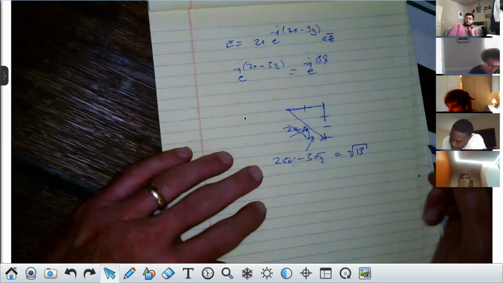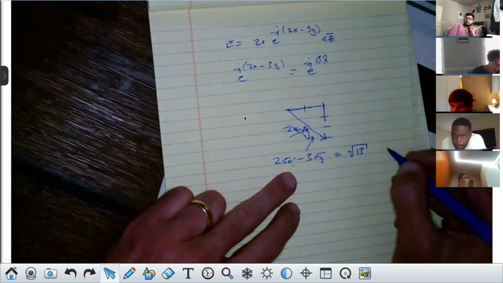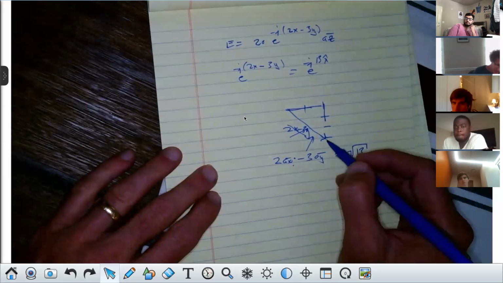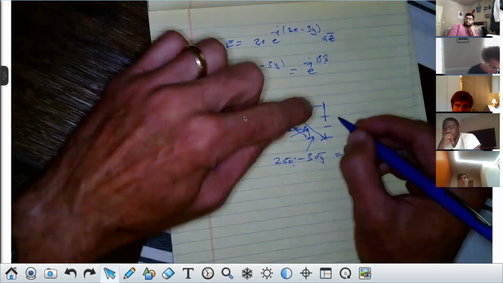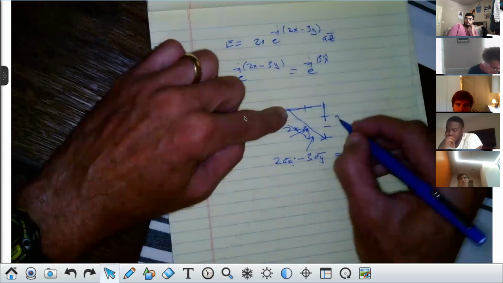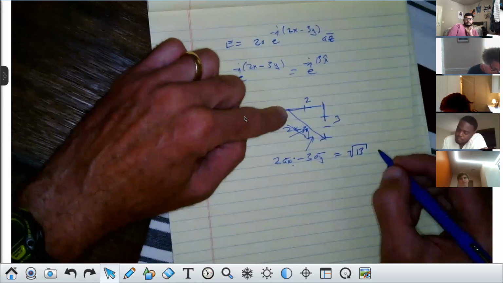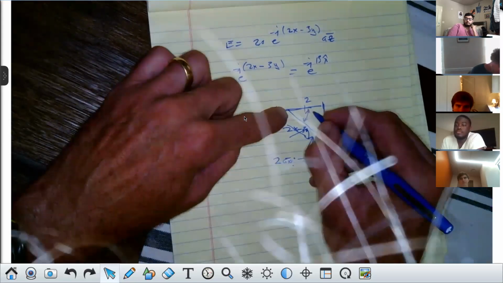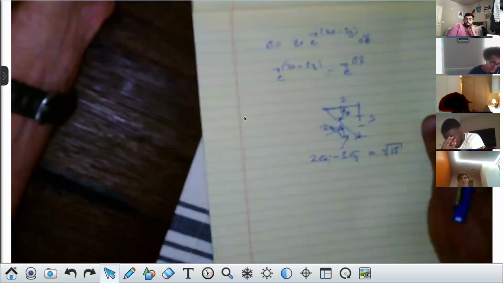And then in terms of the portion of that that's in the x direction, if you think about 2x minus 3y, let's see, if this is 3, this is 2, and this is the angle theta. Let me try to draw this down here a little bit, because I think I'm going to run out of room.